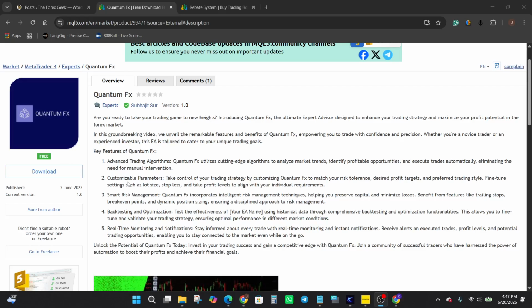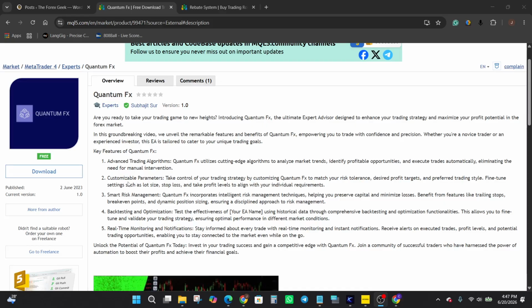The description also mentions risk management tools, including trailing stops, break-even functionality, and dynamic position sizing. Features like these can influence how positions are managed after entry and may help traders structure risk according to their own preferences.